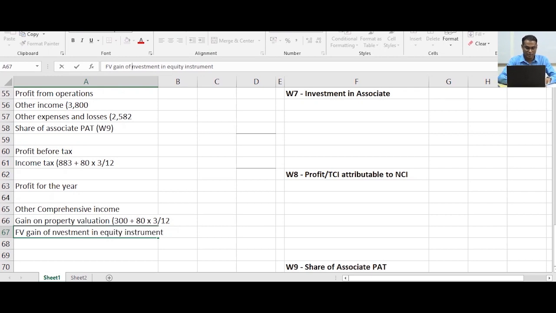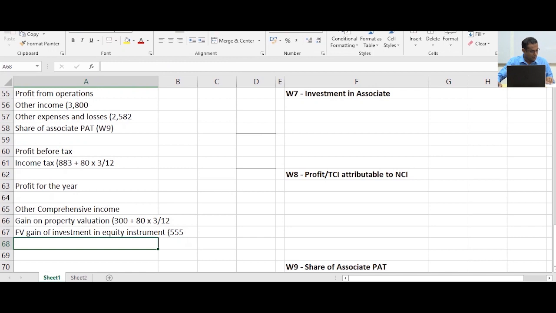So it was mentioned in the question, in the individual or the separate financial statement of the parent account the investment in subsidiaries at fair value, and the fair value gains and the losses are taken to the other comprehensive income. So during the year, by fair valuing the investment in subsidiaries, the current year fair value gain is how much? 555. And subsidiary doesn't have any fair value gains of equity instruments.